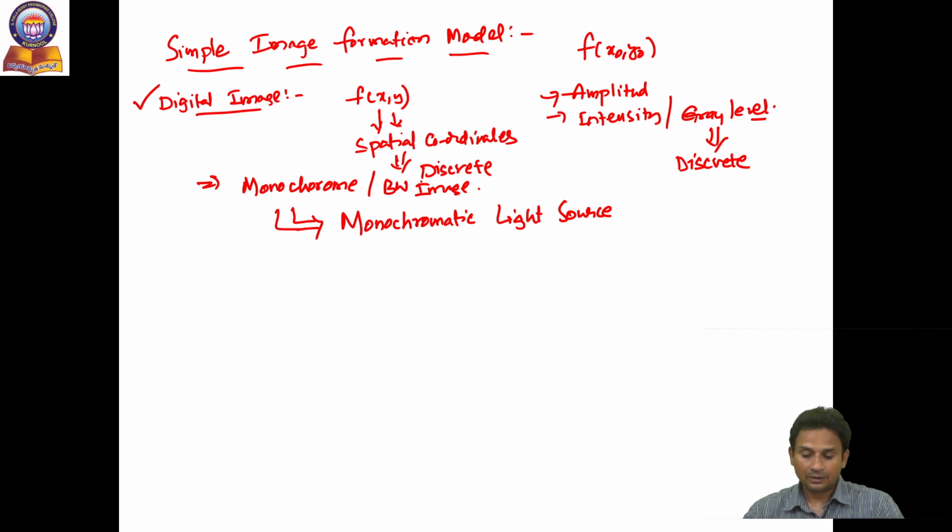Light is basically a physical phenomenon, and here the intensity or gray level of a monochromatic image is produced by a physical light source.